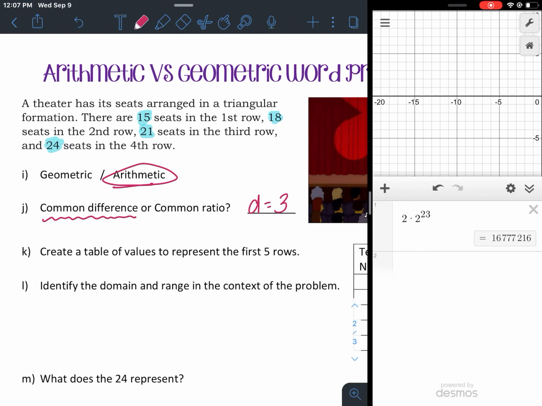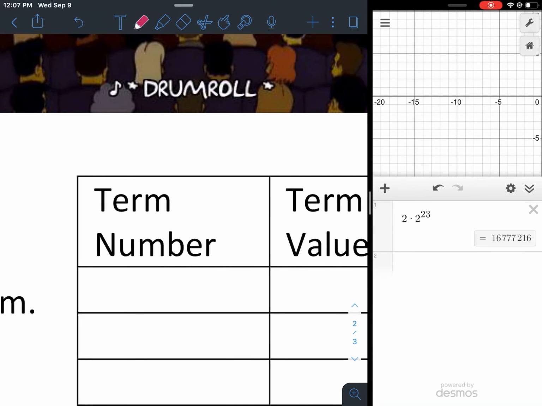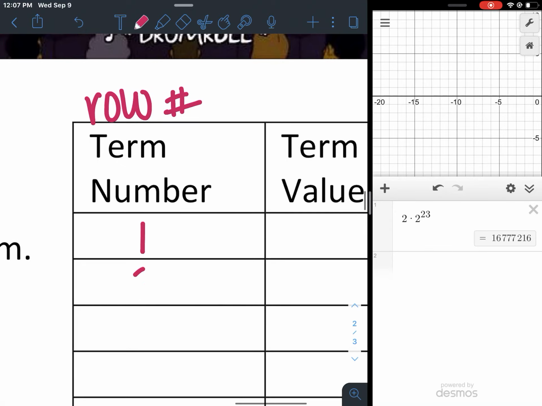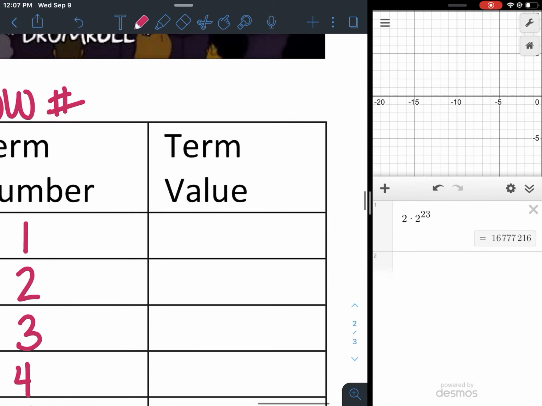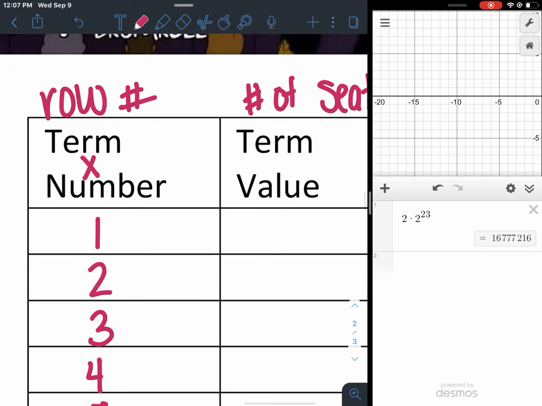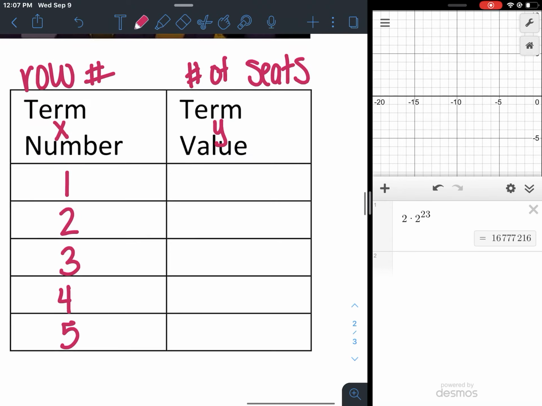Create a table of values to represent the first 5 rows. So our term number is the row number. So first row, second row, third row, fourth row, fifth row. And then term value is the number of seats. And remember, term number is our x's, term value is our y's, in case you needed a refresher there.